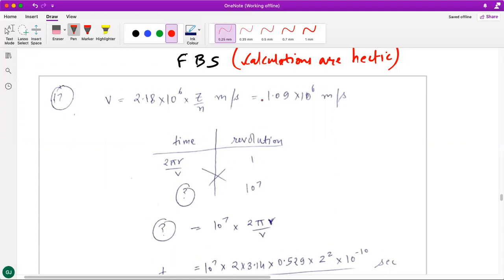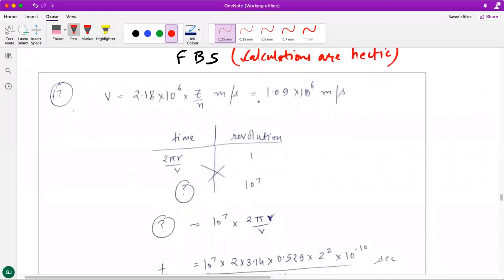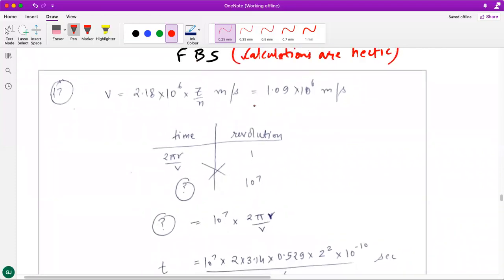You will become lazy next time. जब भी कुछ क्वेश्चन आएगा फटाफट कैलकुलेटर उठा लोगे.